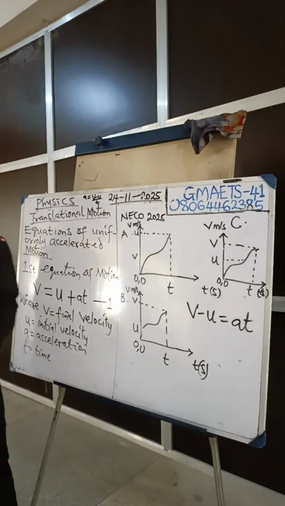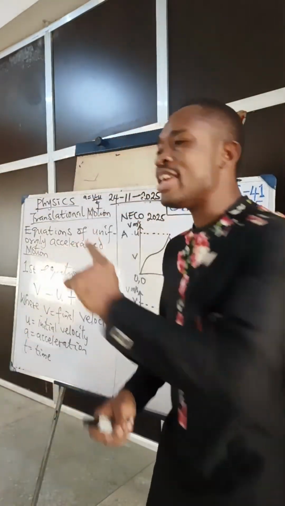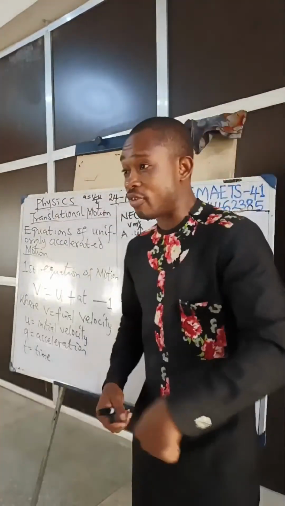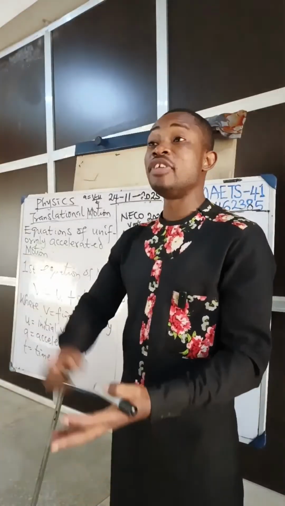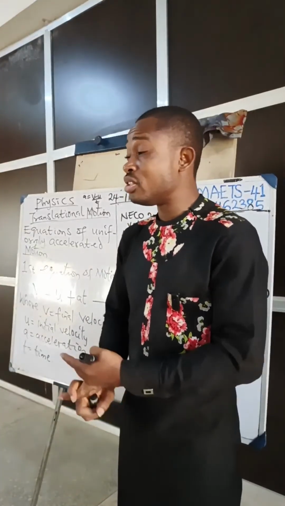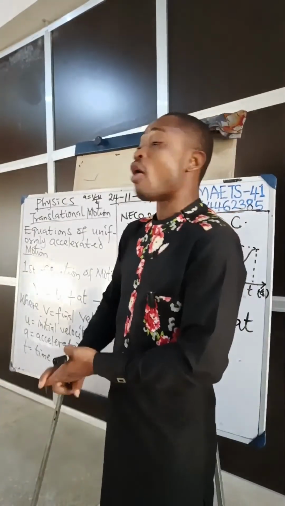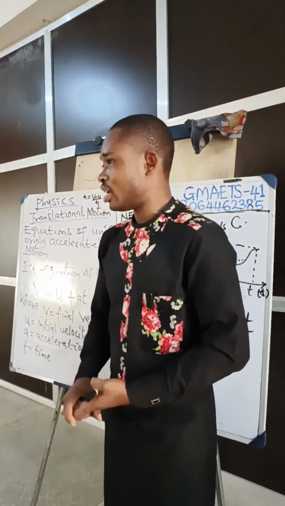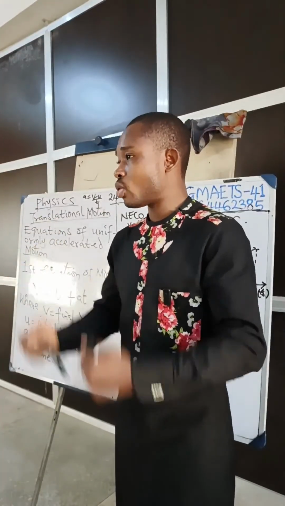You know that a formula can be used to calculate any of the quantities inside the formula, true or false. So you can use this formula to find V, final velocity, U, initial velocity, A, acceleration, or the time of a given motion. It all depends on the values given to you in the question.